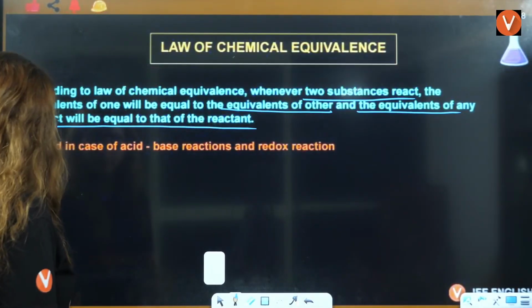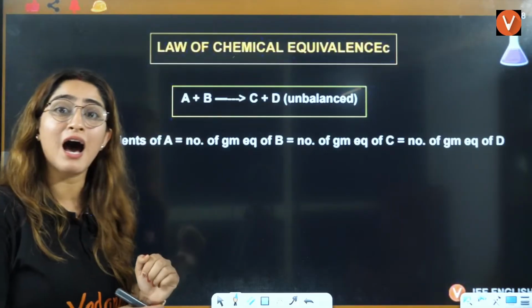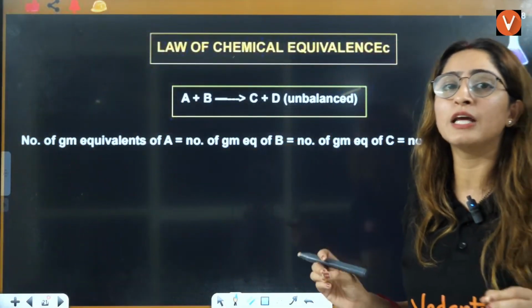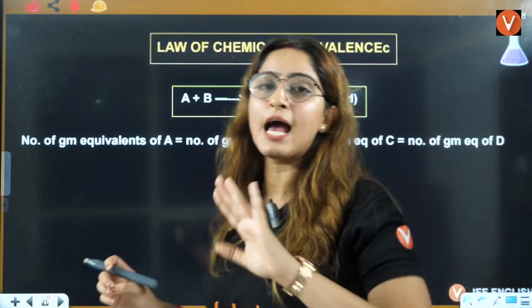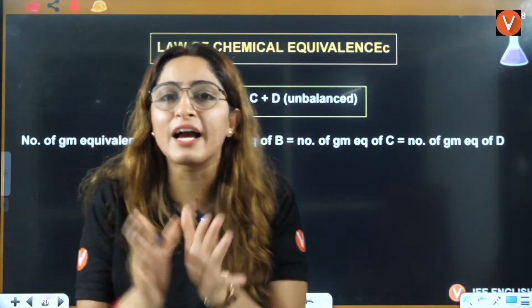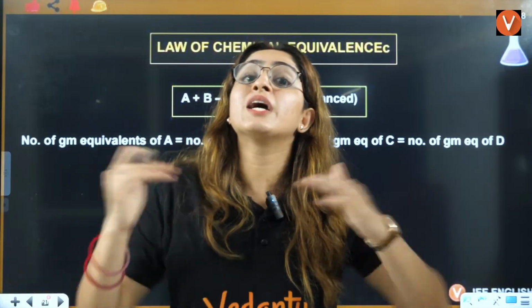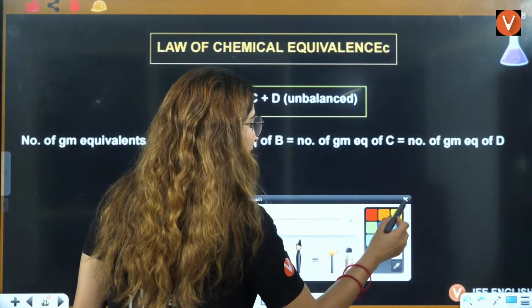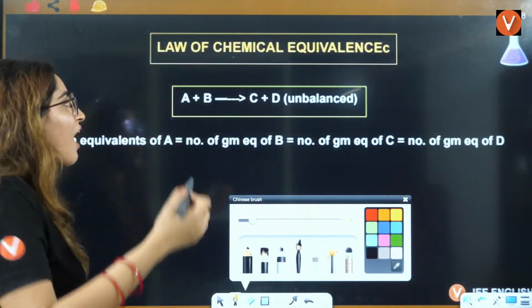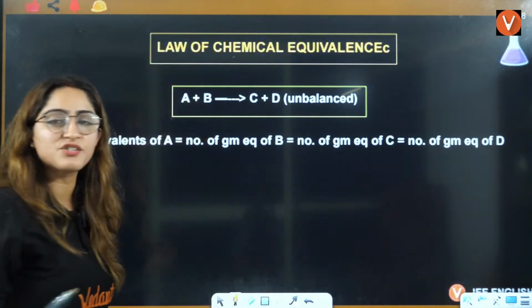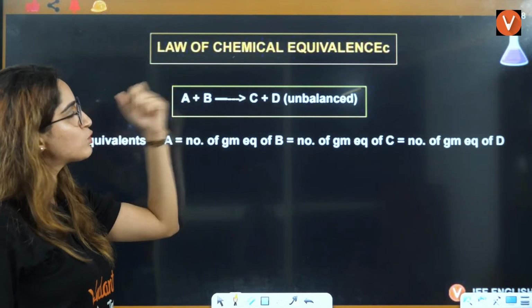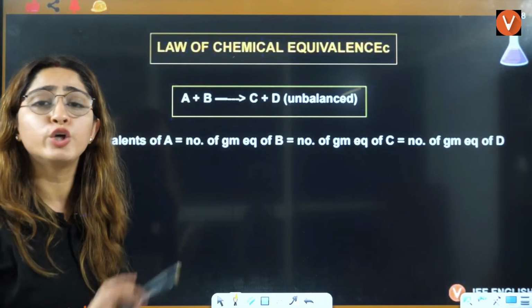For example, you have this particular unbalanced equation. This is not balanced. And in the law of chemical equivalence, I am talking about unbalanced reactions only, where you can't balance them yourself. Here, because it is an unbalanced reaction, we can't say moles of A equals moles of B equals moles of C equals moles of D. You can't write it.